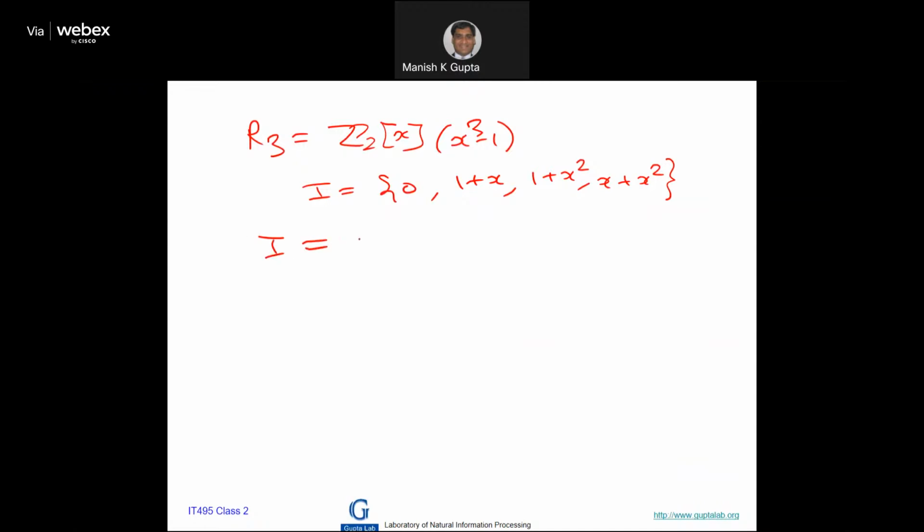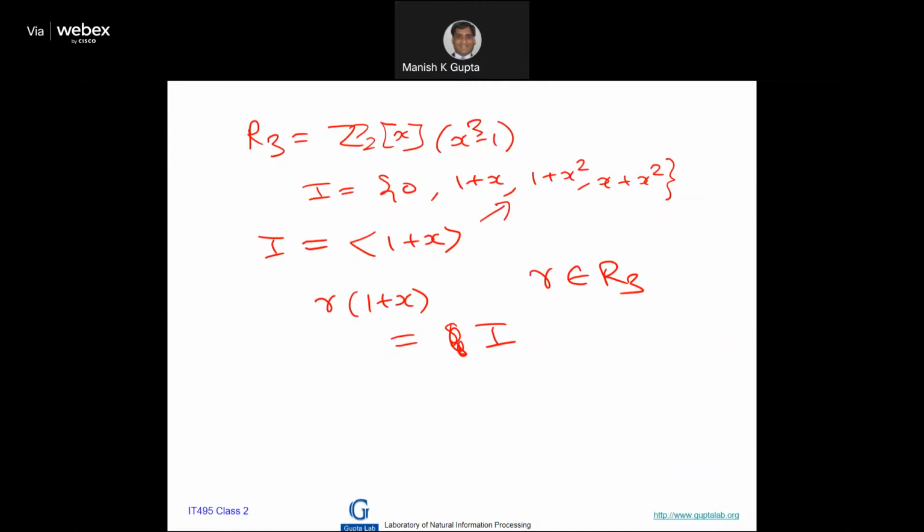One can see that I is generated by 1 plus X. Because all the 4 elements you can obtain. So when you multiply R times 1 plus X, R belongs to a member of R3, you will get I.